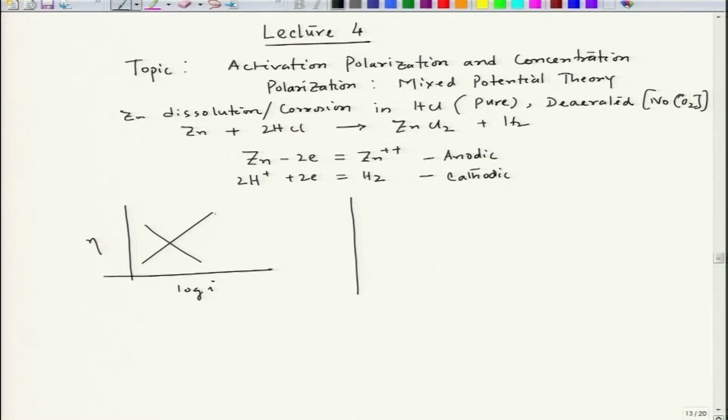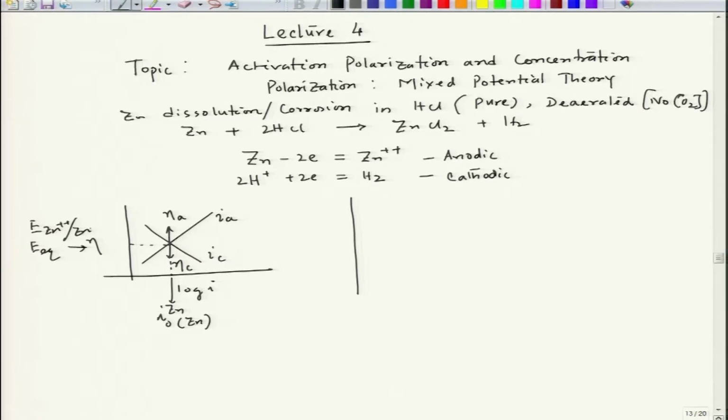This is I A, this is I C, and in this direction eta A, and this direction eta C. This point corresponds to I 0 of zinc on the zinc surface, and this corresponds to E equilibrium or E zinc plus plus zinc.